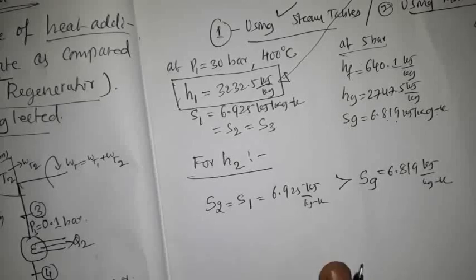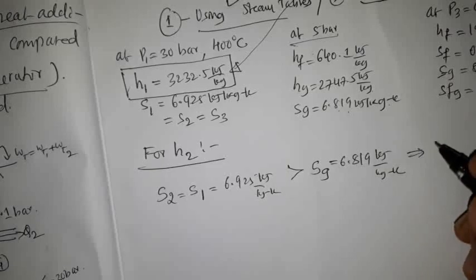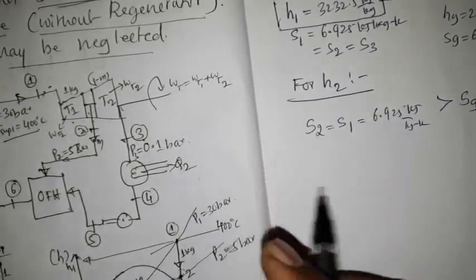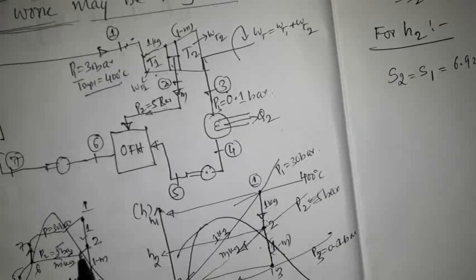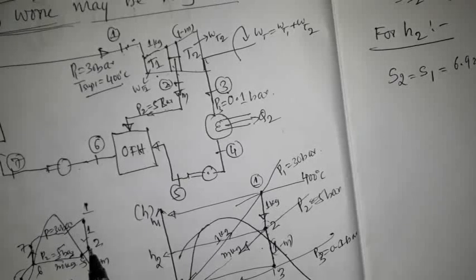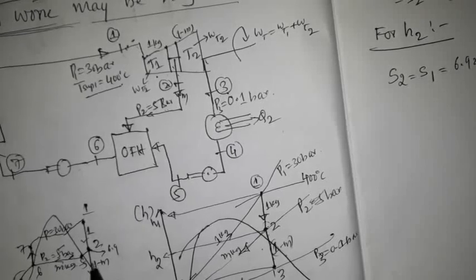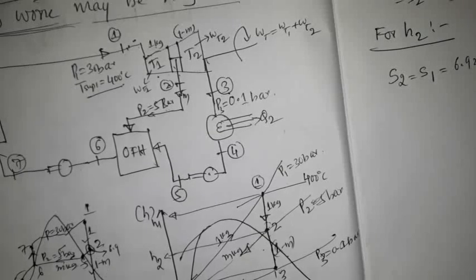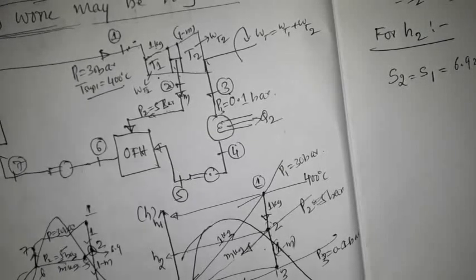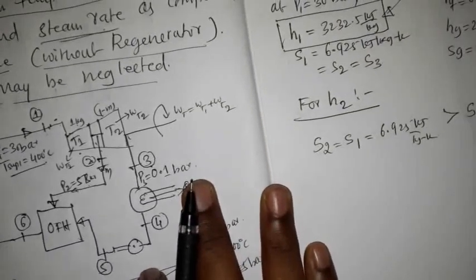So hence we can conclude from this statement that, see, the Sg value on the TS diagram, I have got 6.819 as an entropy, but at state 2 it is 6.9, here it is 6.8, so the state 2 is beyond the saturated vapor line, so state 2 is superheated steam.